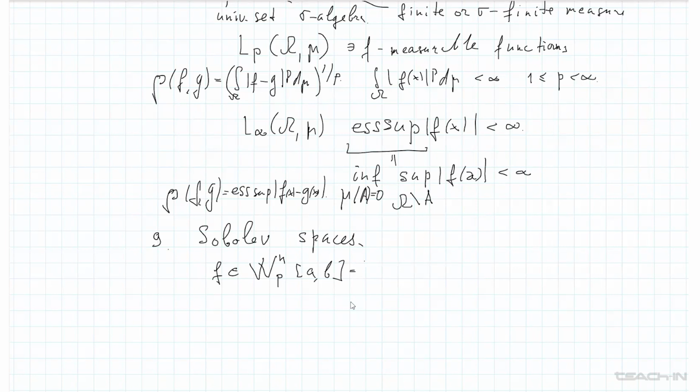It is the class of functions such that for j equals 0, 1, ..., n minus 1, the corresponding derivative is an absolutely continuous function on [a, b].